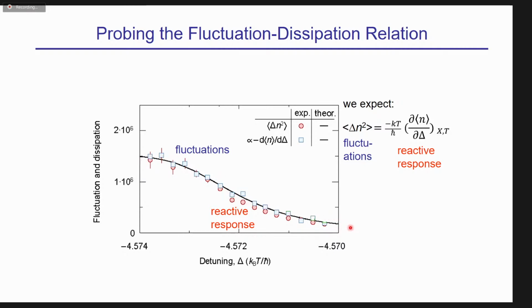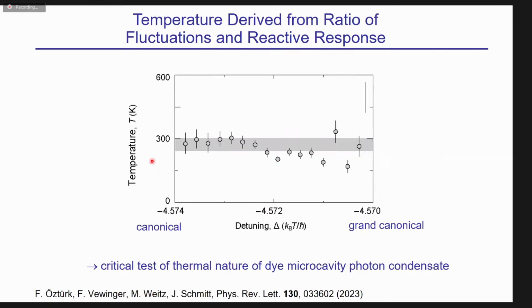So we do have evidence that the fluctuation dissipation relation is fulfilled to relatively good accuracy. We can also divide the two by each other and this way get the temperature, and this agrees with the environment temperature. This quite clearly shows that the fluctuation dissipation relation is fulfilled, which is a test of the thermal nature of the dye microcavity photon condensate.